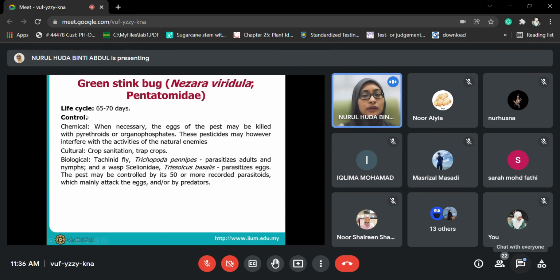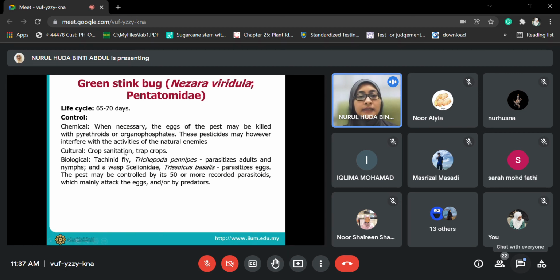To control, chemical is used only when necessary. Okay, sebab this insect is actually not a main pest. It can attack many hosts. It's just that, compared to the Pyrrhocoridae tadi, they usually cause less damage.